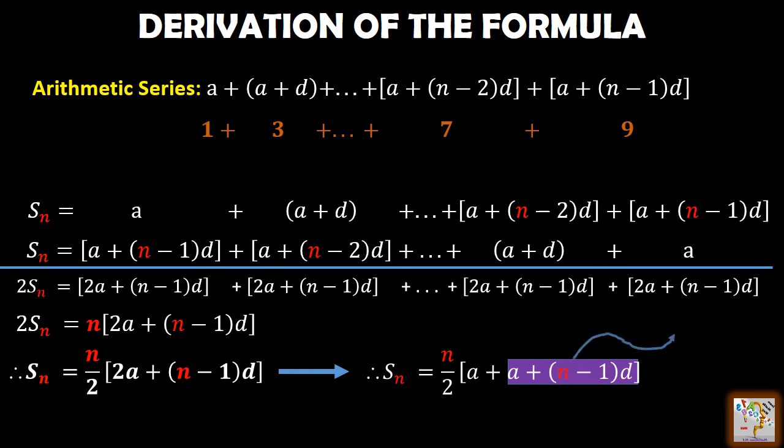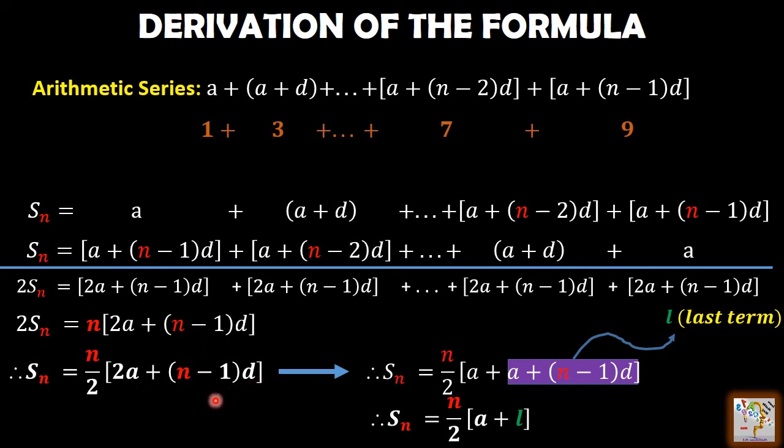So if my series is finite and I know the last term, instead of writing the whole 2a plus n minus 1 d, I can substitute a plus (n minus 1)d with L. So my formula changes and becomes Sn is equal to n divided by 2 into a plus L, so that you don't substitute many variables.